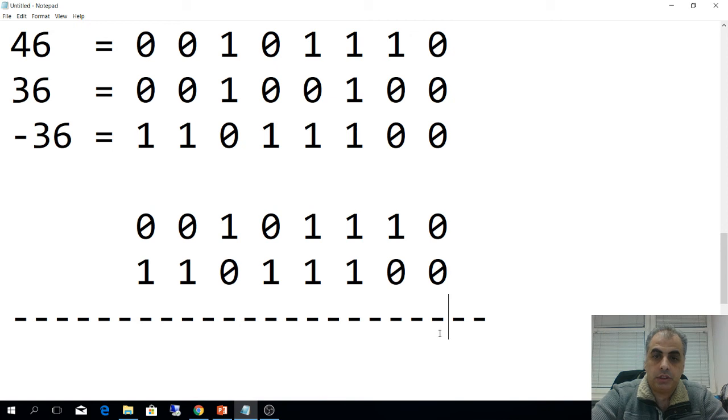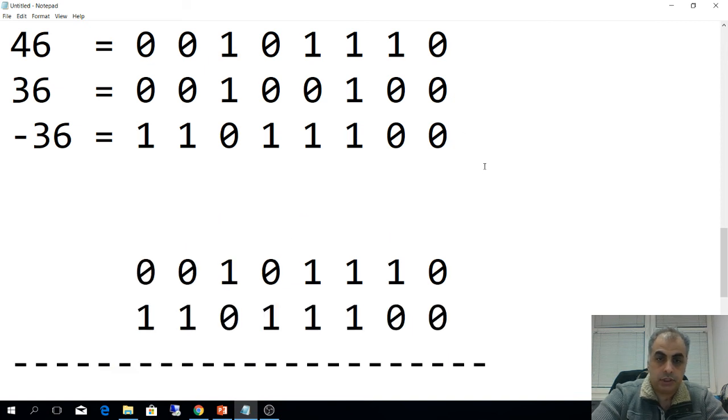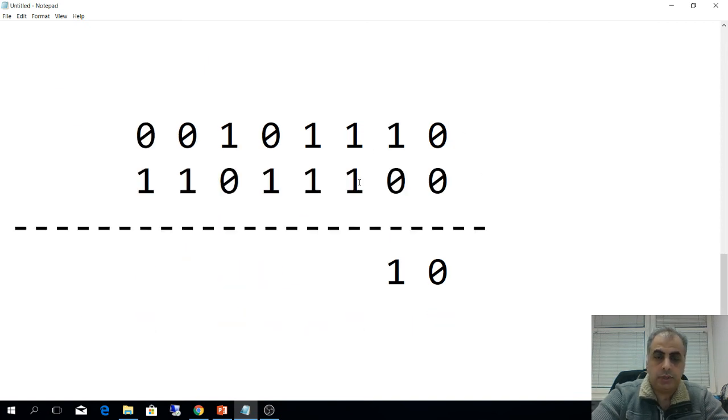0 plus 0 is 0. 1 plus 0 is 1. Okay, now let me put a space here. 1 plus 1 is 2. You cannot write 2 here because 2 is your base. So from 2 we are taking one package, and this package is coming here.